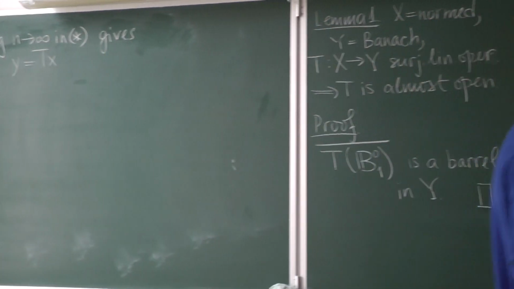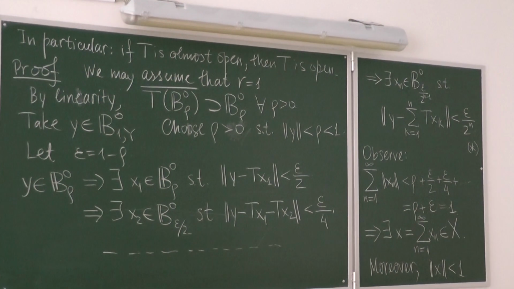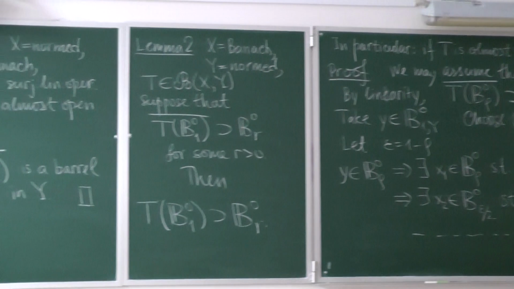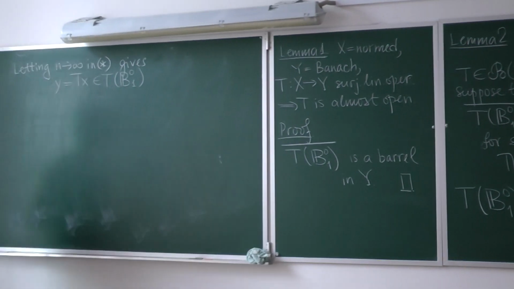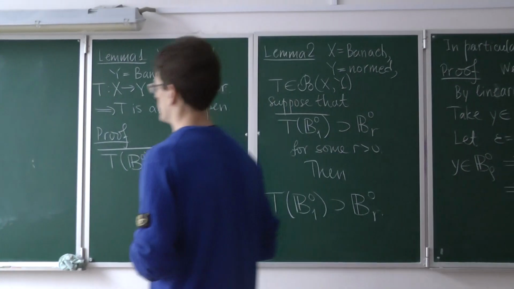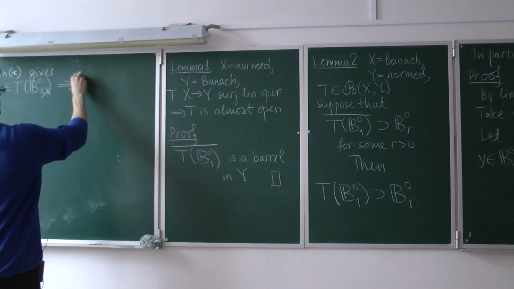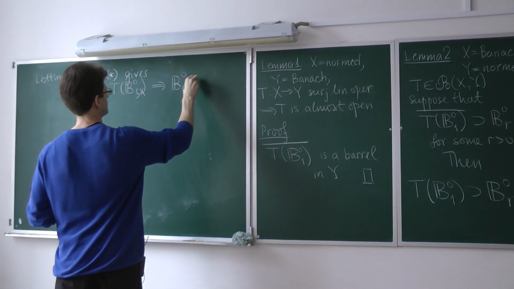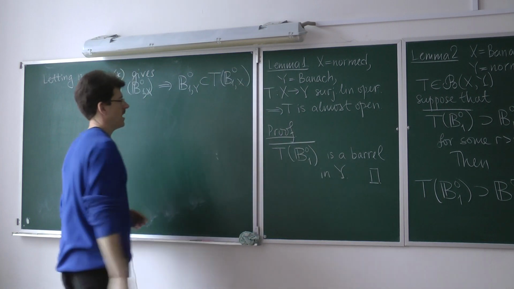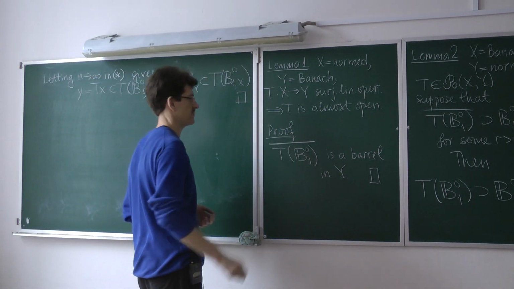And since x is in the open unit ball, we see that y sits in the image of the open unit ball. That's it. So y was an arbitrary vector in the open unit ball of Y. So we conclude that the following inclusion holds. And this is exactly what we wanted to show. So this completes the proof of lemma 2.